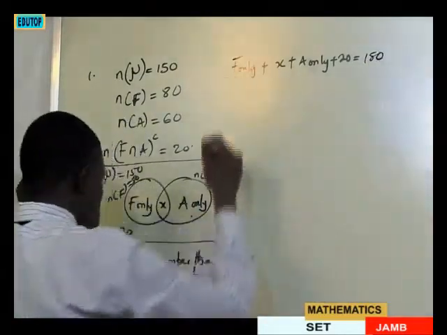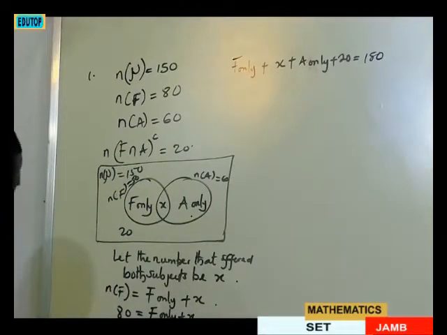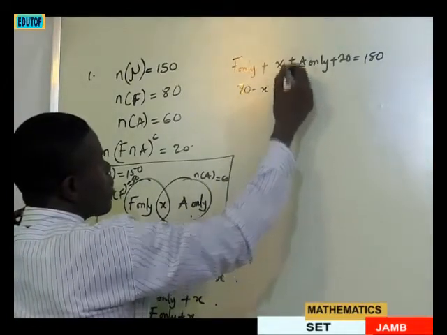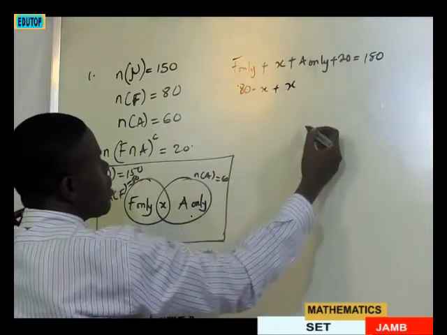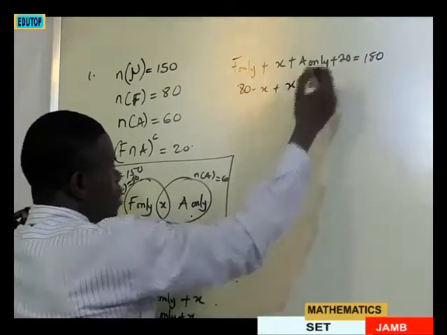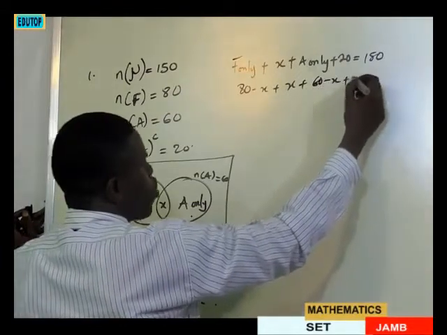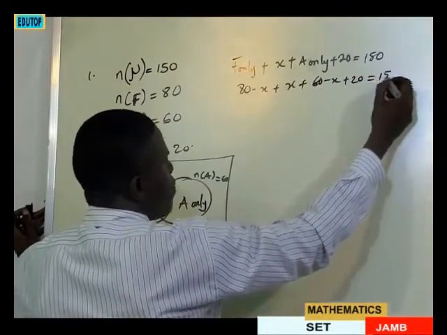Now what is F only? F only has been calculated here to be 80 minus X, plus both subjects X, plus what is A only? A only is 60 minus X, plus 20 equals 150.